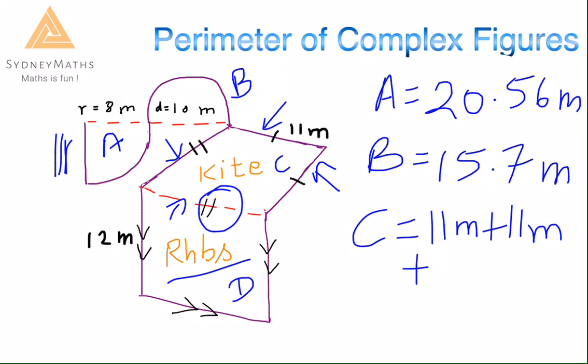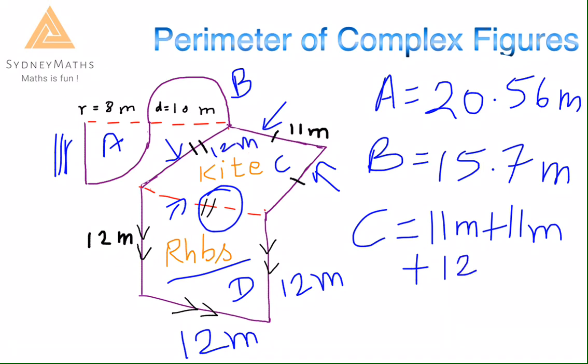A rhombus has all four sides being equal. So this particular side is also 12 meters and that one is also 12 meters. So this dotted red line becomes 12 meters, which is equal to the other side of the kite, 12 meters.